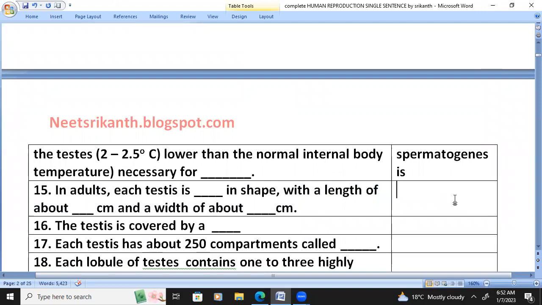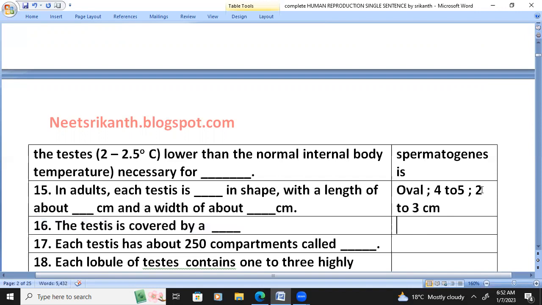In adults, each testis is oval in shape with a length of about 4 to 5 centimeter, and the width is about 2 to 3 centimeter.